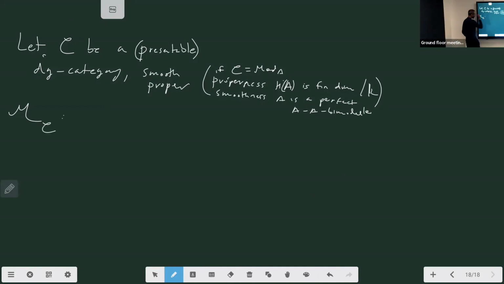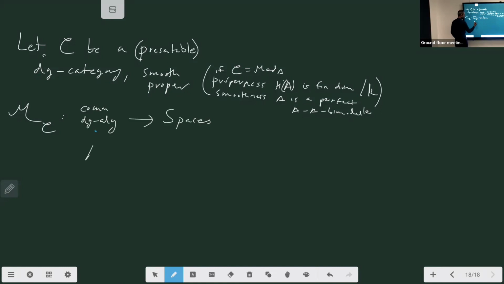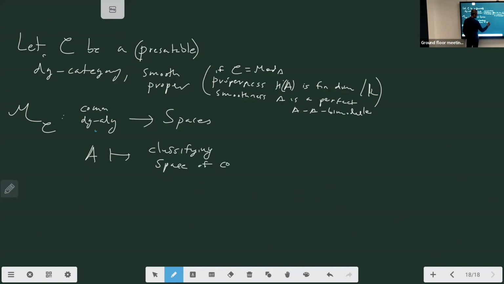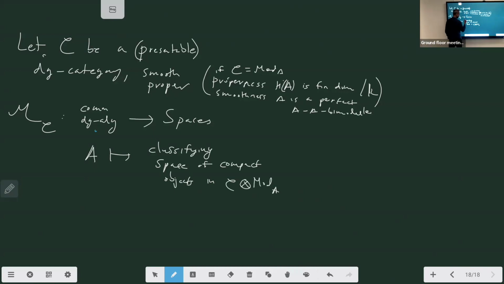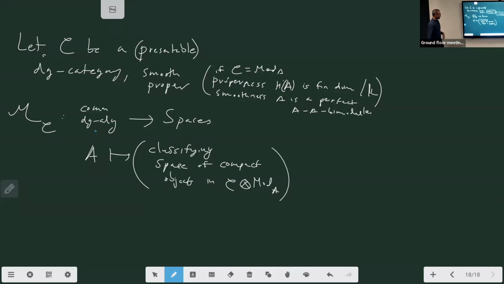You can define, in any case, a functor from commutative DG algebras to spaces, which sends A to the classifying space of compact objects in C tensor mod A.